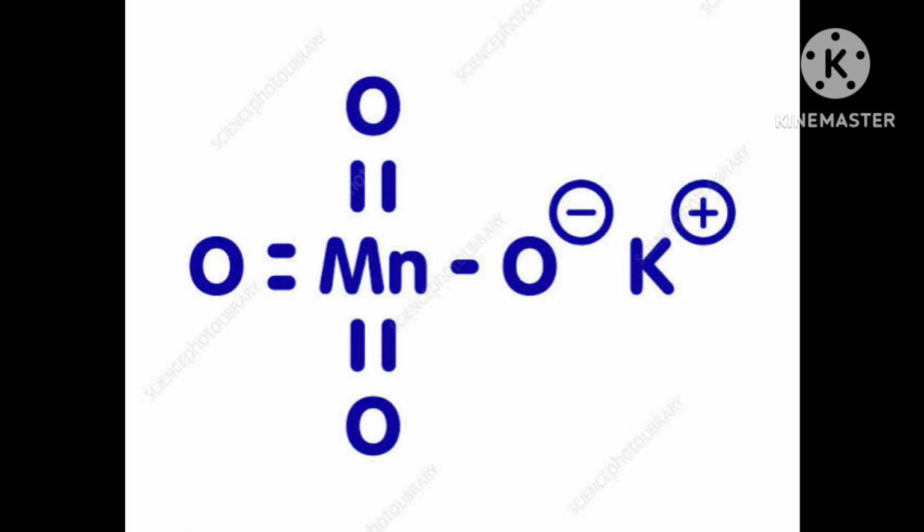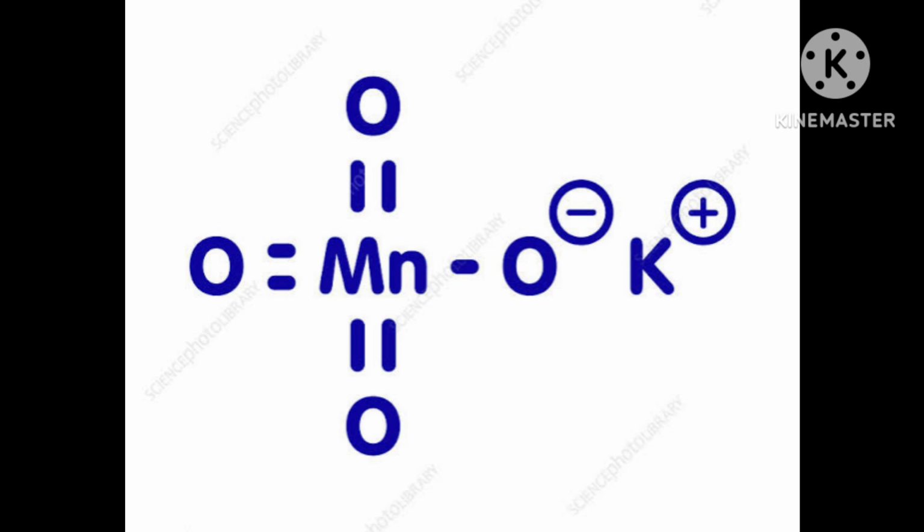The green manganate is paramagnetic with one unpaired electron, but the permanganate is diamagnetic.